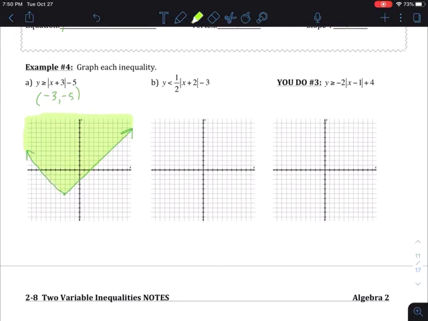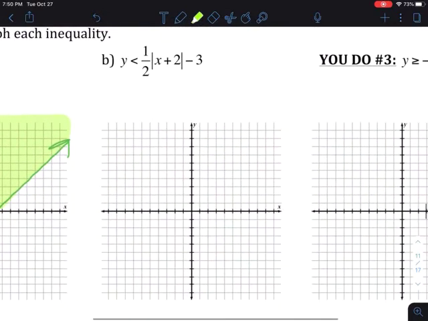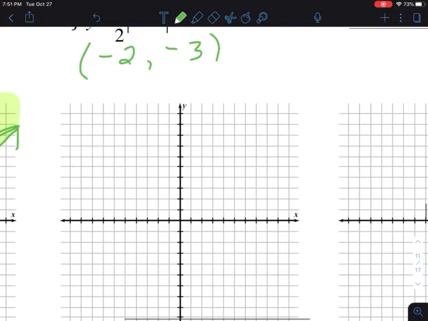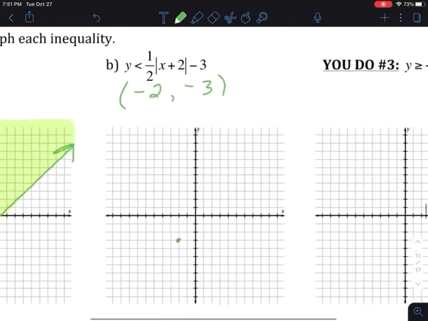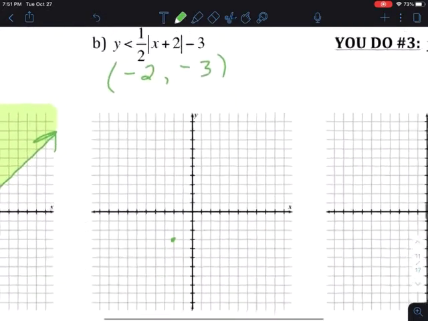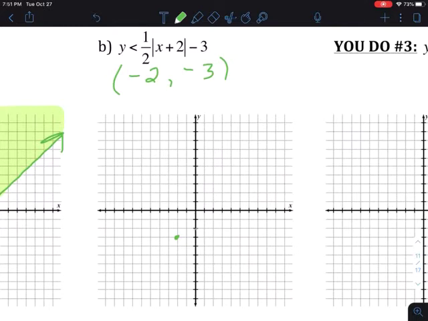And then the next one, the vertex is, and again, if I go too fast, just pause and rewind. The vertex, h is opposite, so -2. k is -3. So (-2, -3). The slope a is 1/2. So up 1, right 2, in both directions.